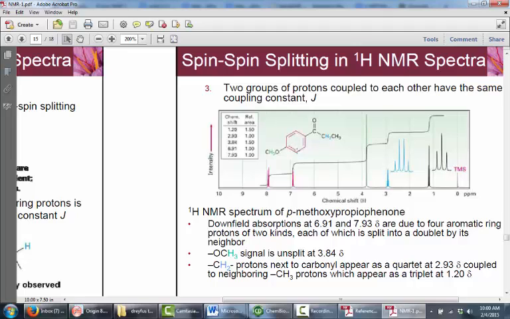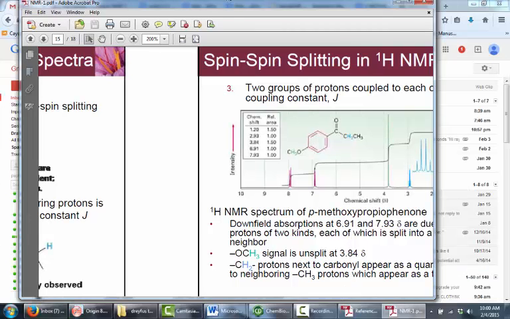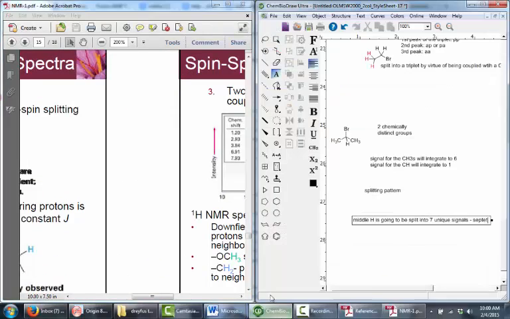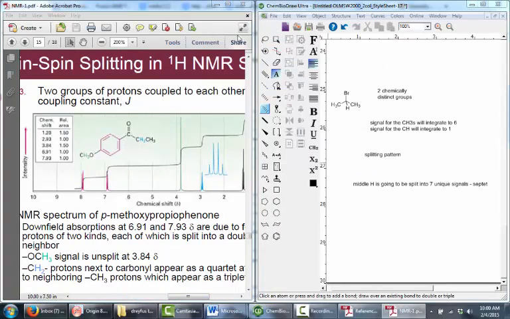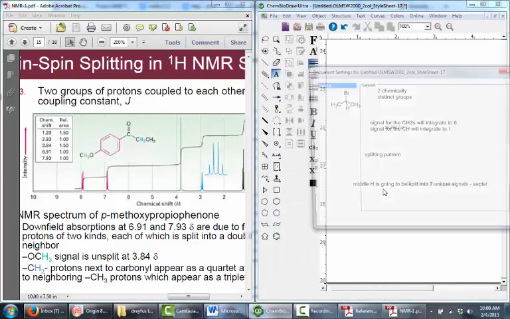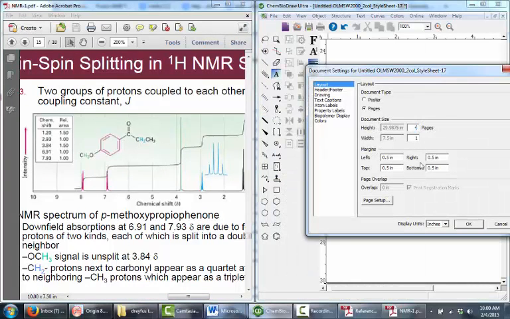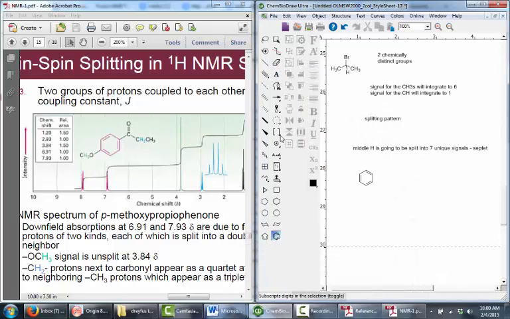These are going to be split into a doublet, and these are going to be split into a doublet. I'm going to draw out what this para-substituted compound actually looks like, so we can review that information in a little bit more detail right now. Hold on, let's find that. So again, we're going to draw this para-substituted ring here and try to explain the splitting pattern, particularly in the aromatic ring area.